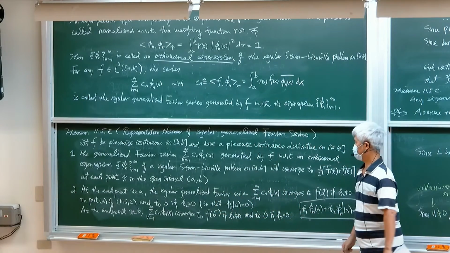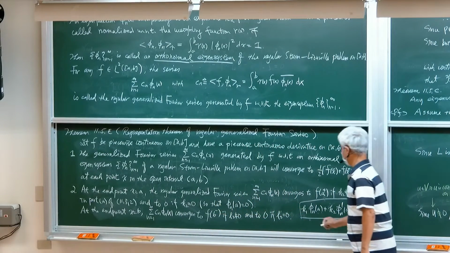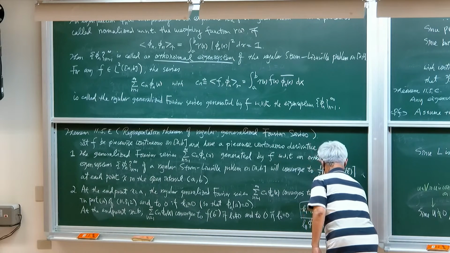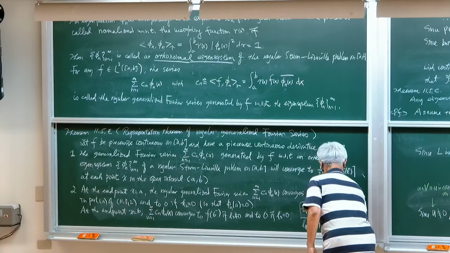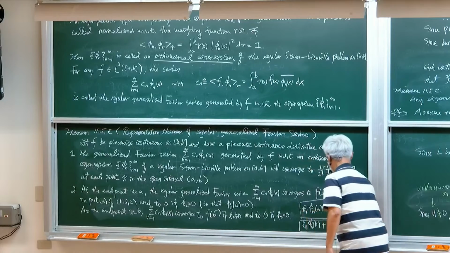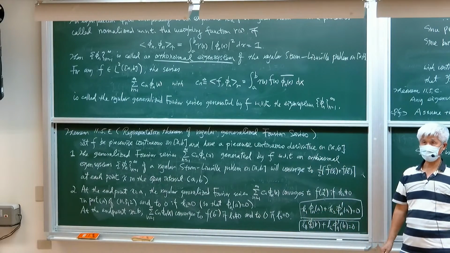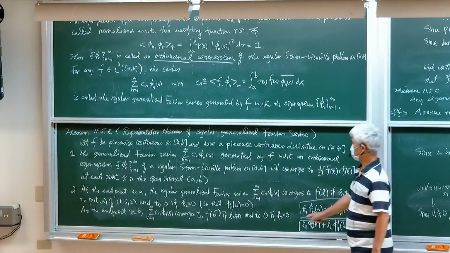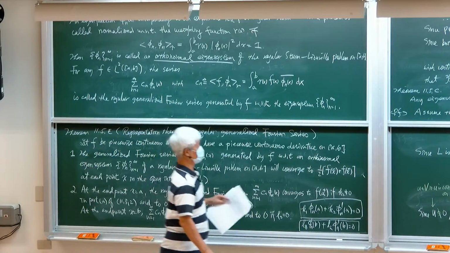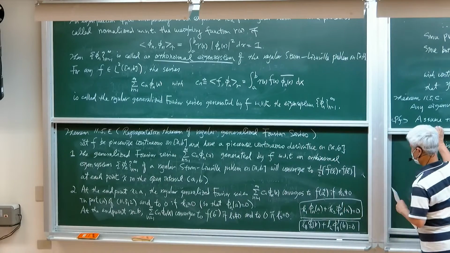This is because of the boundary condition at the endpoint B. So we have similar behavior. That is the second property.